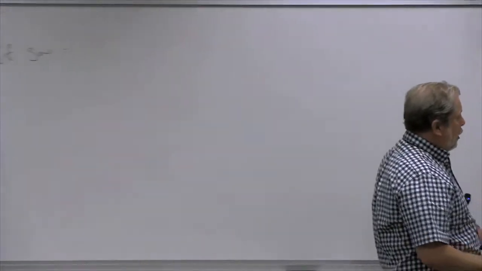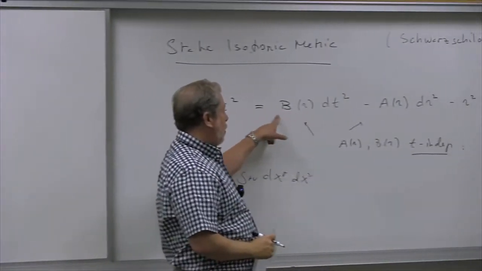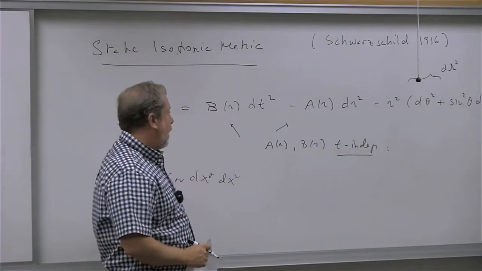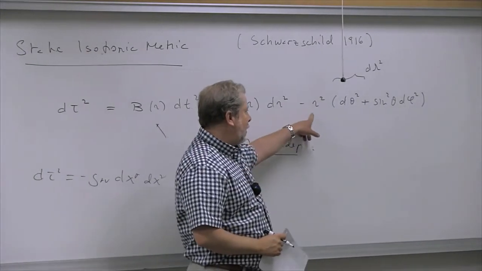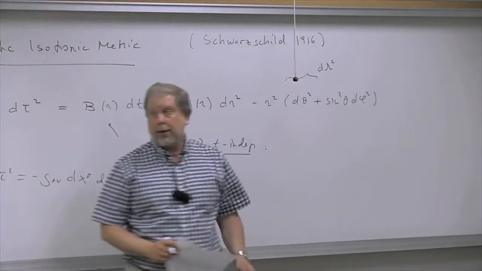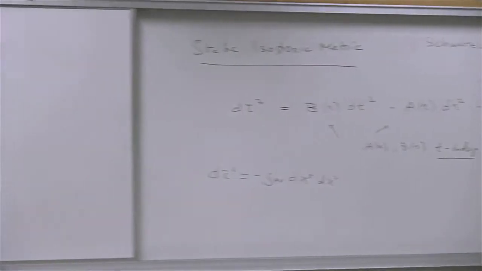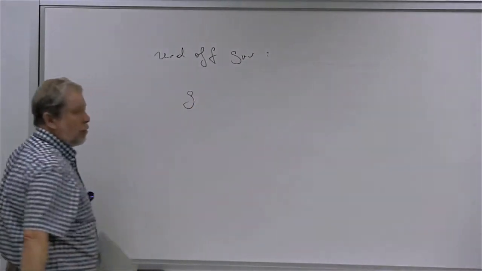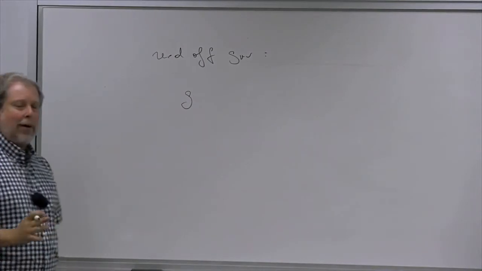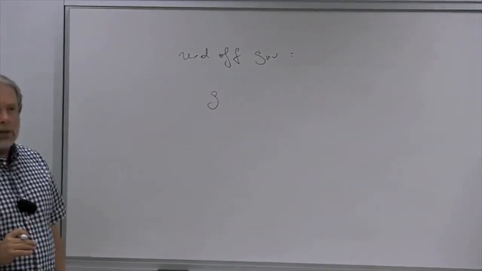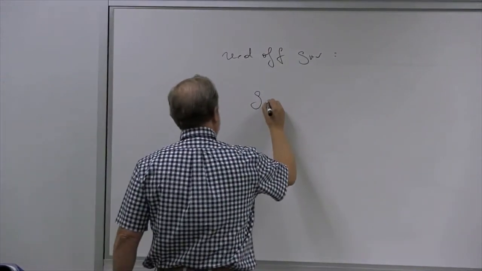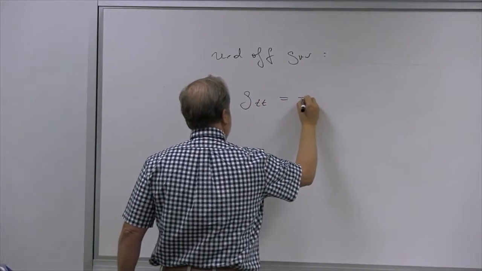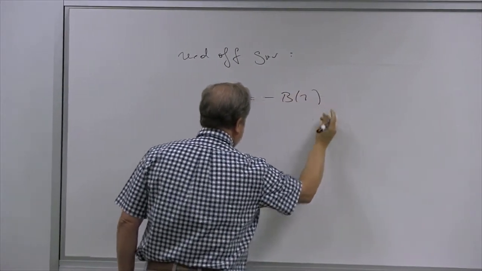And so the g_tt, or g naught naught, is equal to this thing. The g_rr is this one, and then the g theta theta and g phi phi are given by these other matrix elements. So g_tt: instead of calling it g naught naught, we just remember what the indices refer to. So we have this g_tt, and that's equal to minus our function B of r.